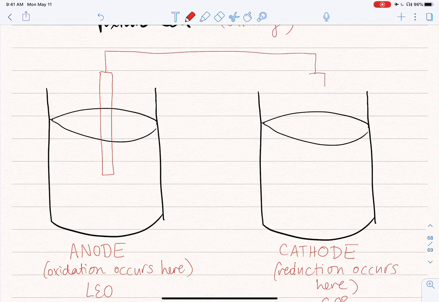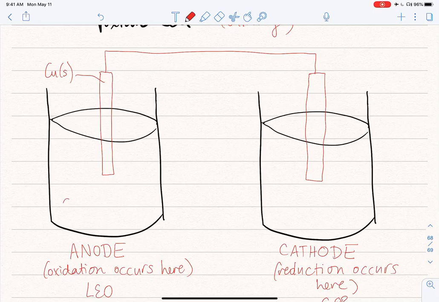Now, oftentimes you just use a precious metal like platinum for your metal electrode. However, here, because we're actually talking about solid metals, at the anode I can actually have my electrode be made out of solid copper.